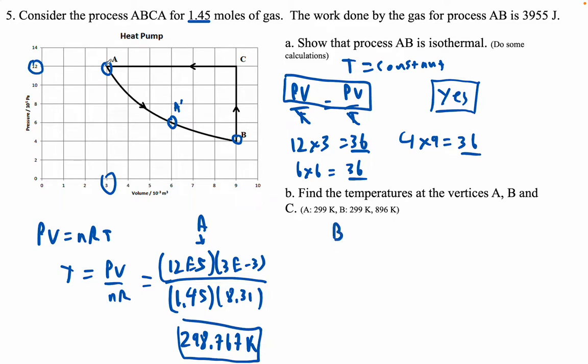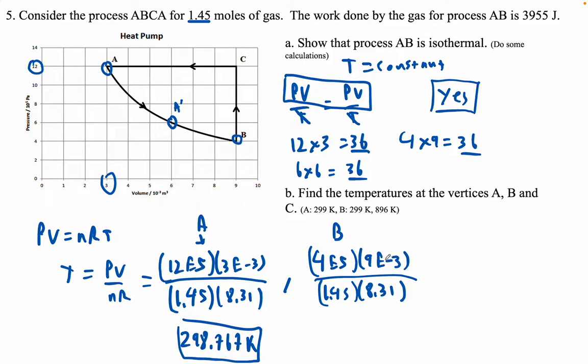So let's look at B. Now, of course, this is isothermal, right? So it should be the same temperature, but let's check it. All right, so let's see. B is, the pressure is 4 times 10 to the 5th. The volume, though, is a whopping 9E minus 3. And then that's divided by 1.45 and 8.31. And of course, you can see that the numerators are identical here, so we're going to get the same answer, but that's okay.